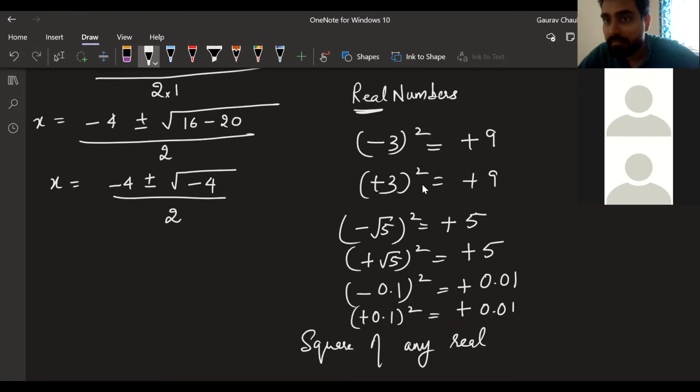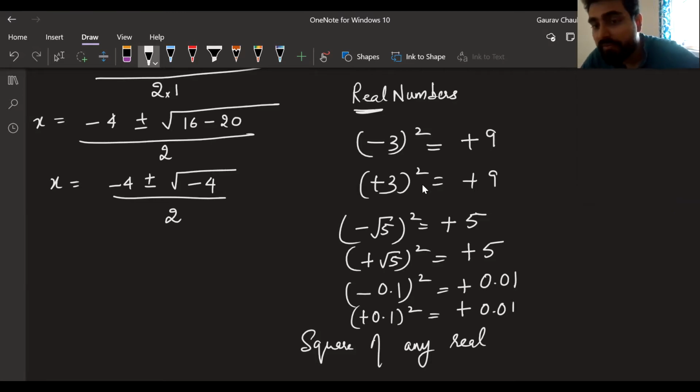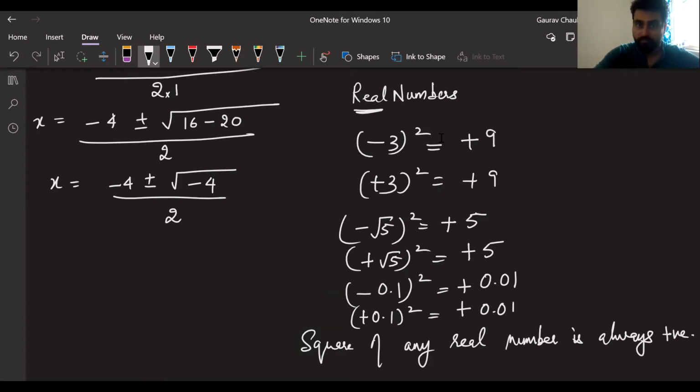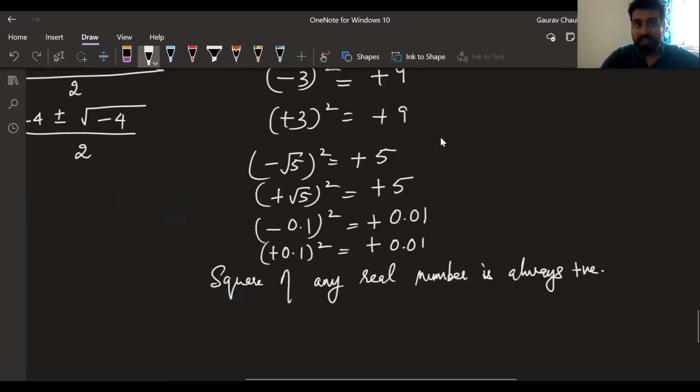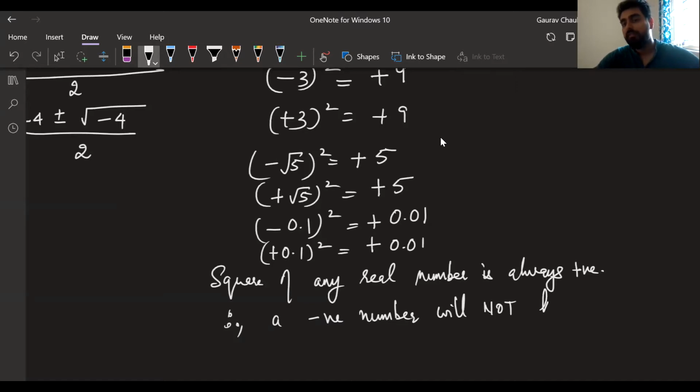I'm talking about the right side, okay? Square of any real number is always positive. Therefore, a negative number will not have any real square root.